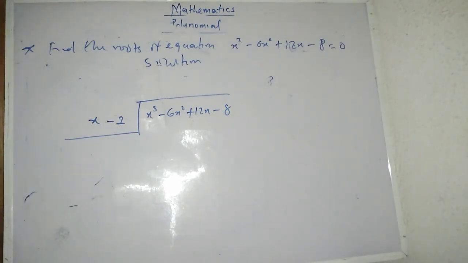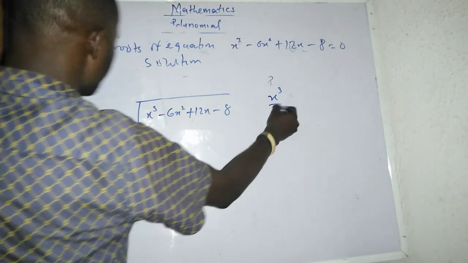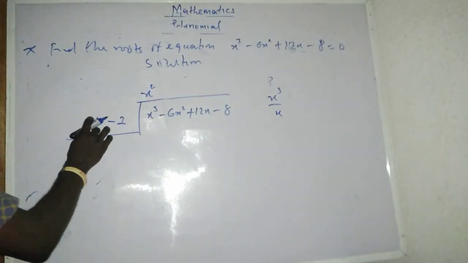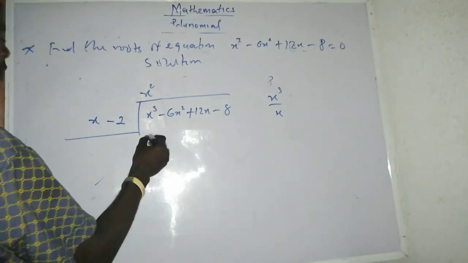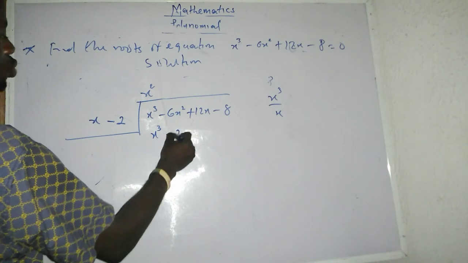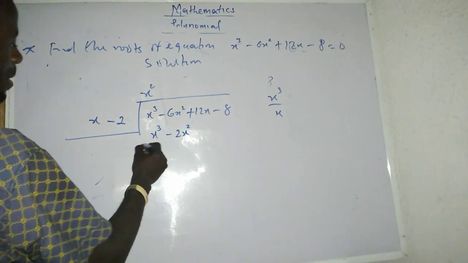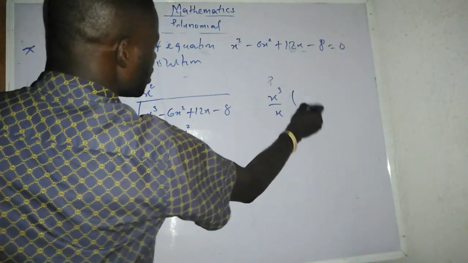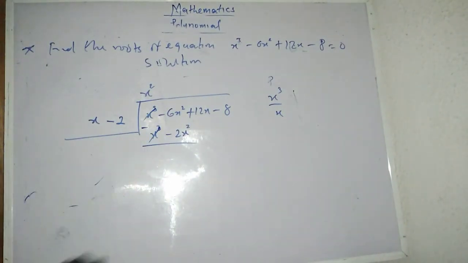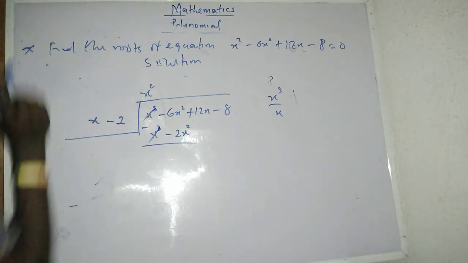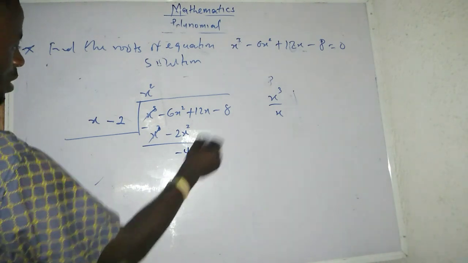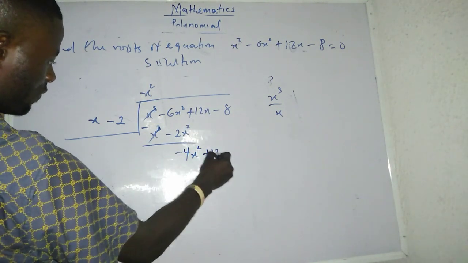Now, this divided by this, it means x cubed divided by x, which gives x squared. My x squared times everything here, I have x cubed minus 2x squared, which I use to multiply what I have there. Now, I will cancel it. Minus, which is plus, 8x squared minus 4x squared. Bring down the next term, which is 12x.